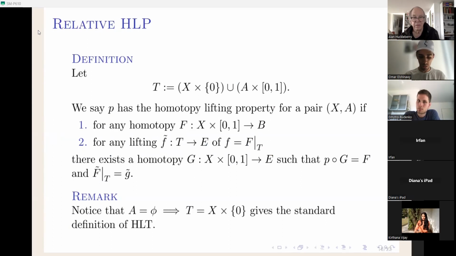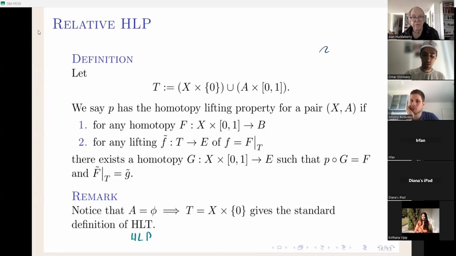So what we have here is a more generalized definition of the homotopy lifting. This is P. With the homotopy lifting property, just like we saw with the homotopy groups, the relative homotopy groups.